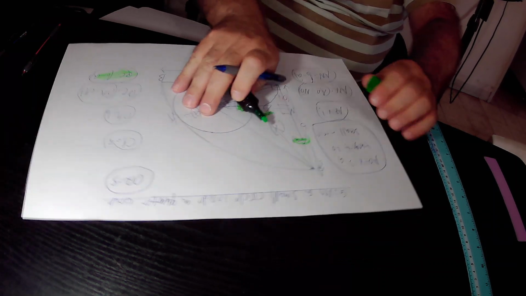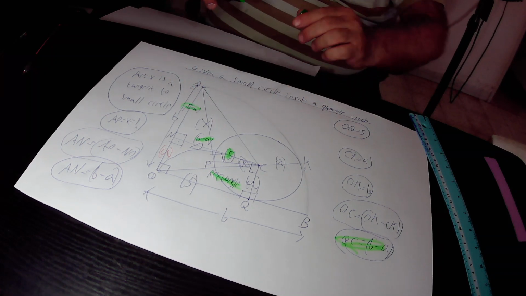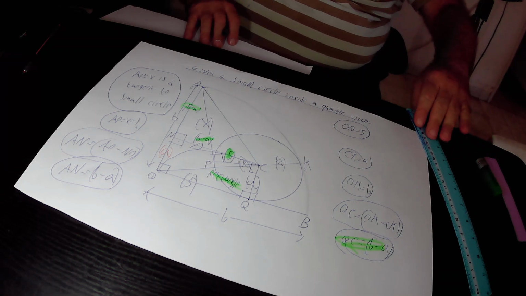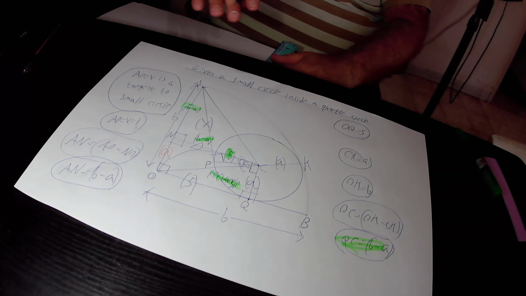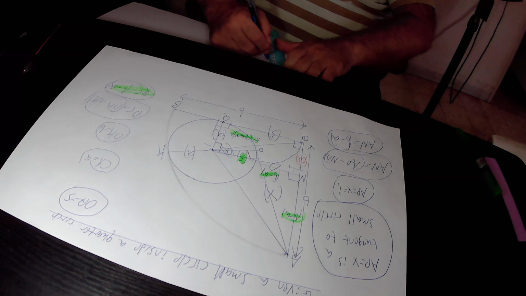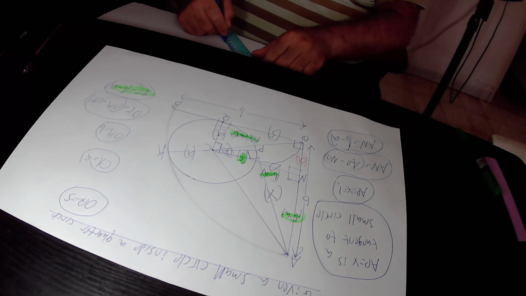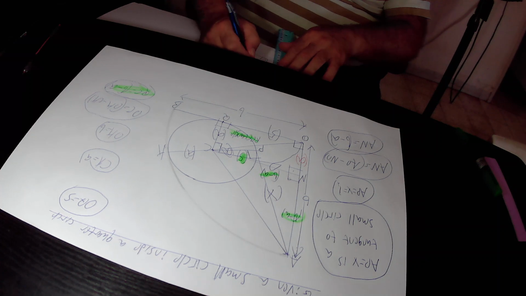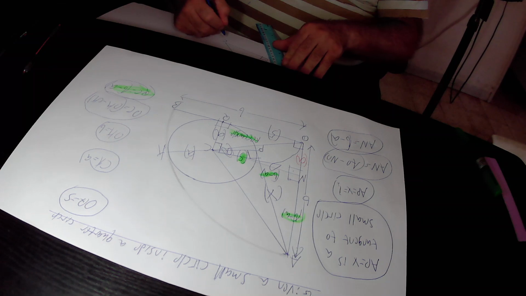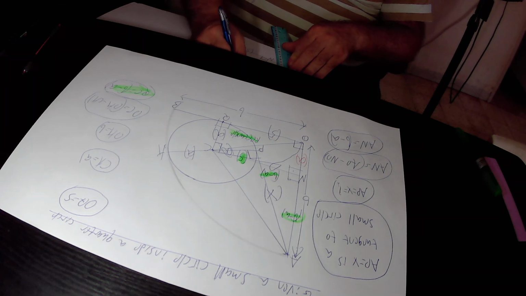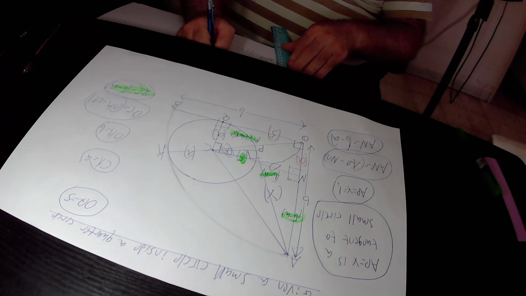In the next step, I'll copy the right triangle, triangle ANC, onto a new page, and we will implement the Pythagoras theorem on this right triangle ANC. Here PT is short for Pythagoras theorem.